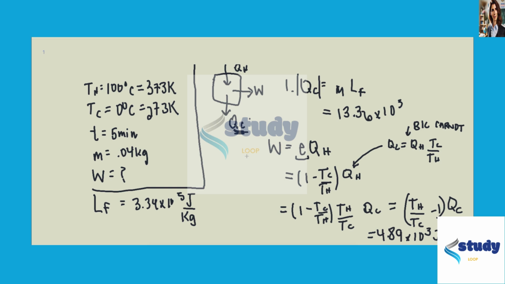I'll number this as step 2. So that's your QC, and I'll draw an arrow to bring the point home that you put that there.